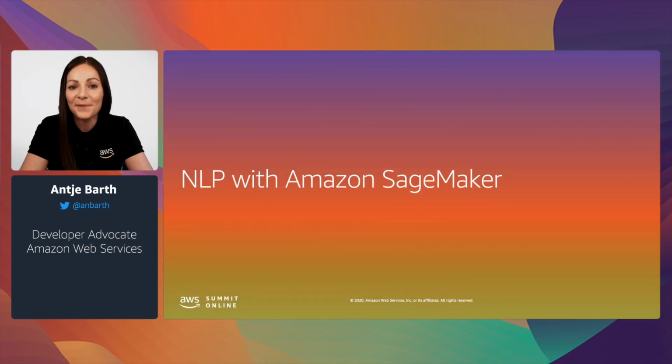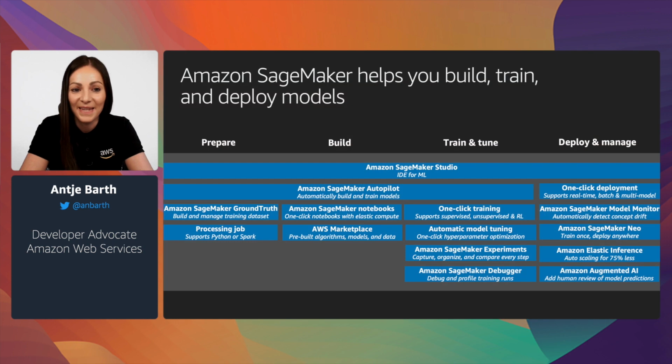All right, let's move on to NLP with Amazon SageMaker. Just as a quick recap, Amazon SageMaker is a fully managed service that helps you build, train, and deploy models at scale and quickly. I know this slide is a little bit of an eye chart, but over the last 12 months, we probably released more than 50 features and functionalities as part of SageMaker.